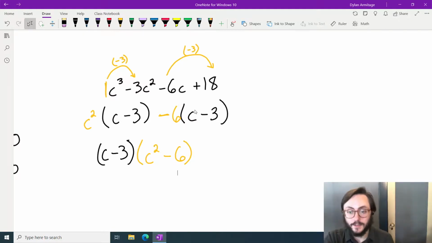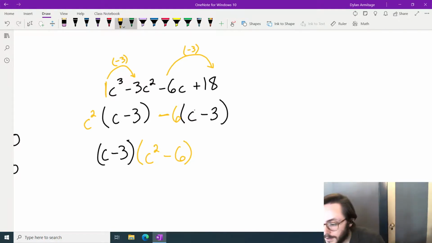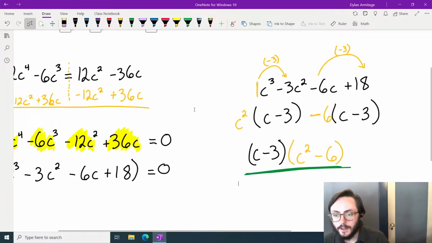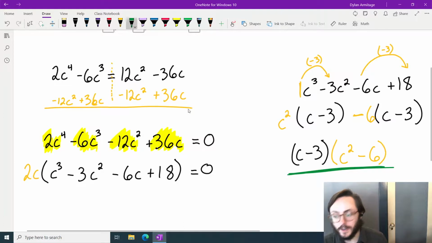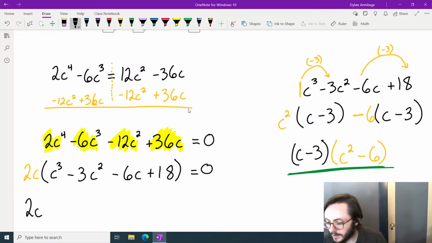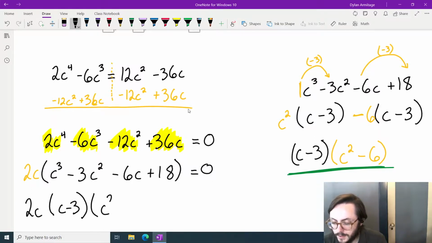And we can take this information here and put it back into our factor there. So our final factorization here would be 2c times c minus 3 times c squared minus 6 equals 0.